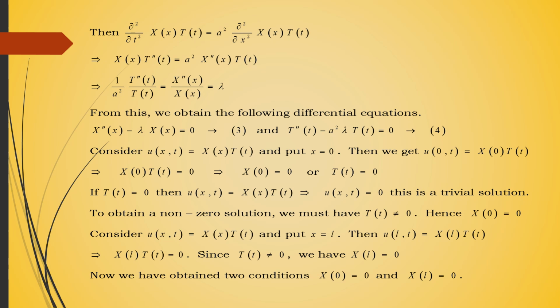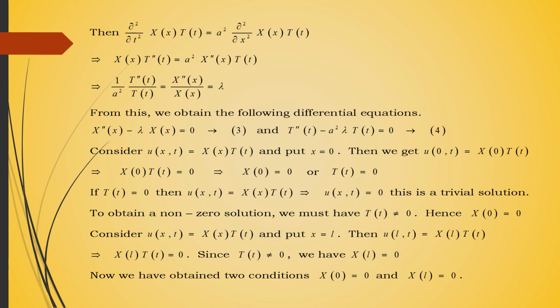For that purpose, put x = 0 in u(x,t) = X(x)T(t). Then we get u(0,t) = X(0)T(t).